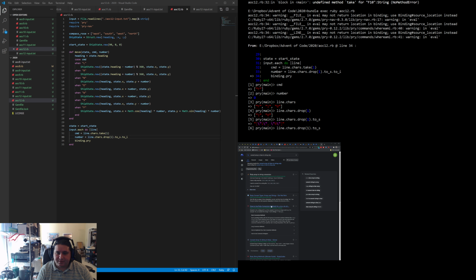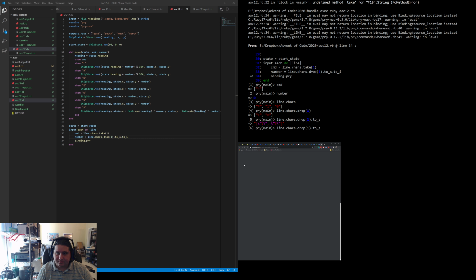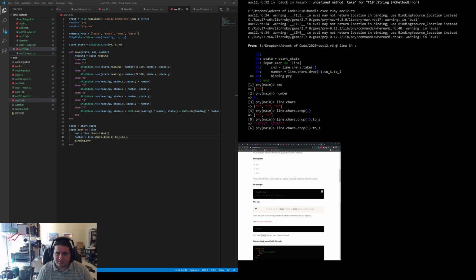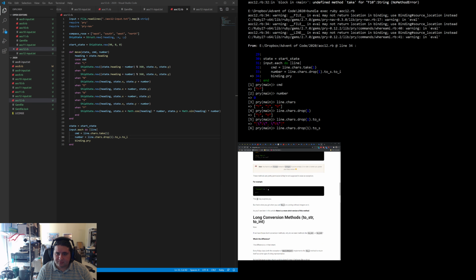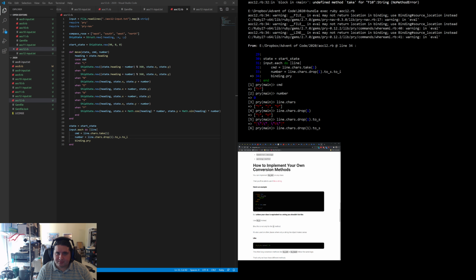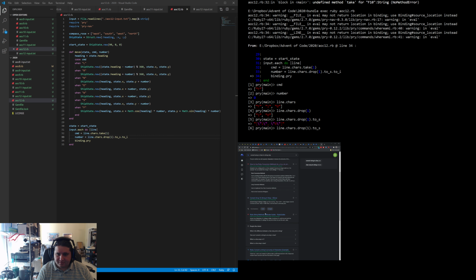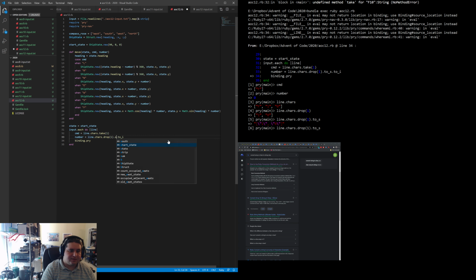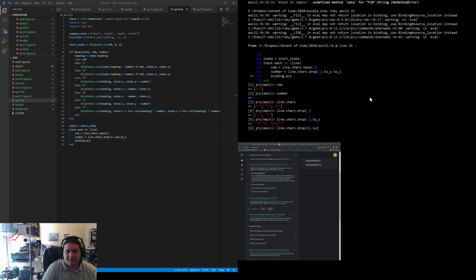Converting arrays to strings, blah blah blah. How to implement your own conversion method. I just want you to... I guess it's just sum, right? Technically. Because if you add together a bunch of strings, you basically get one string.